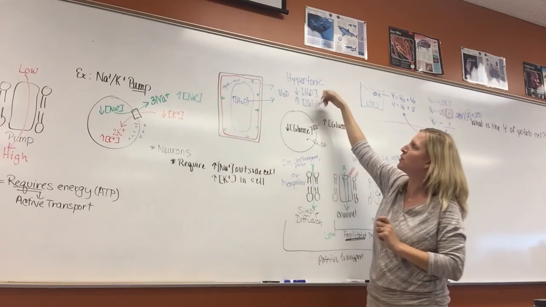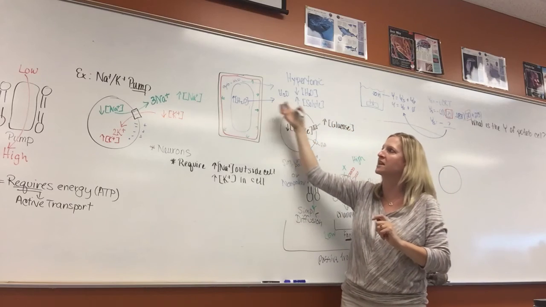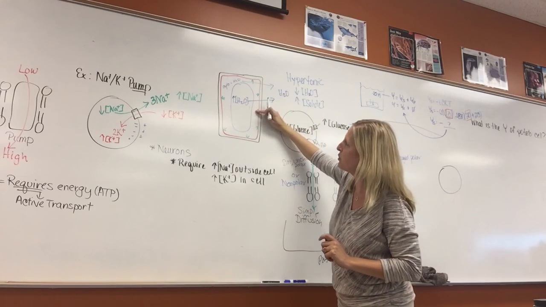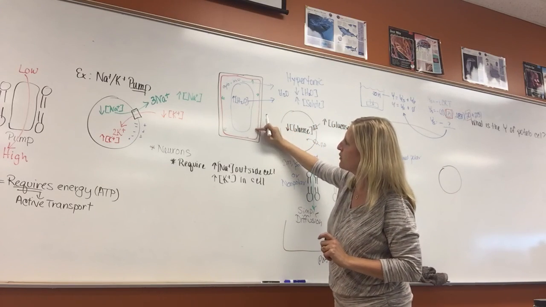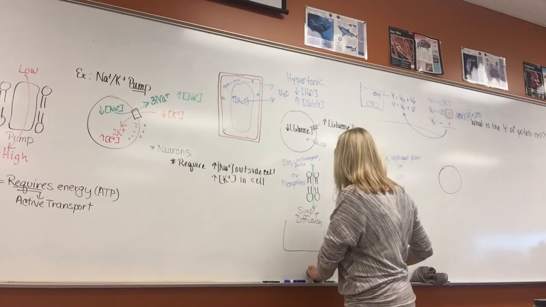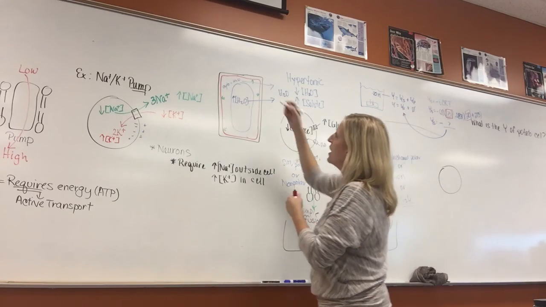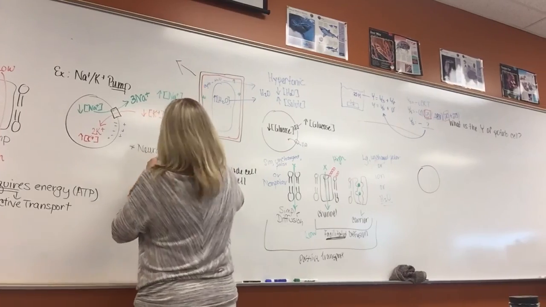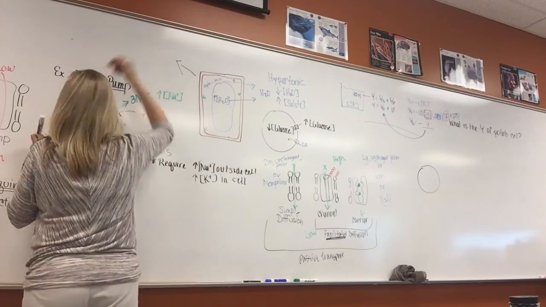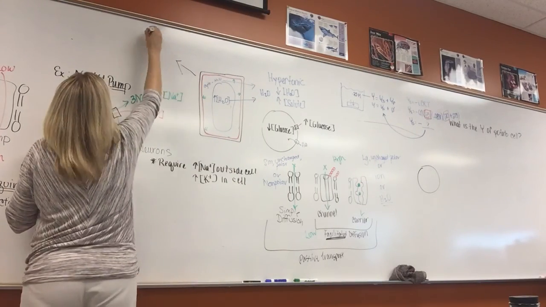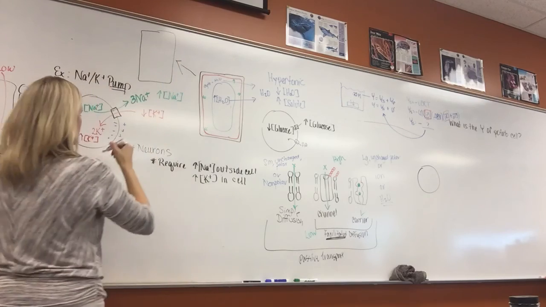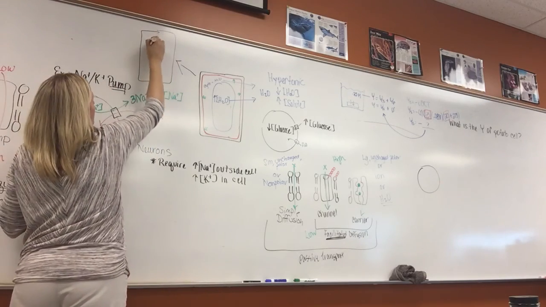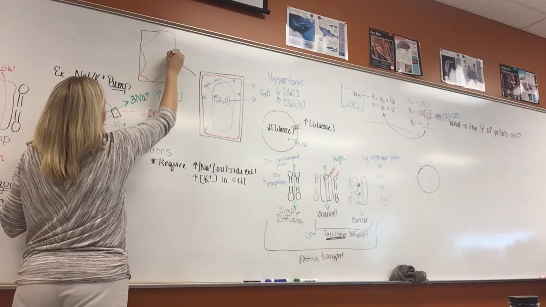But what happens when you put it in a hypertonic solution and water begins to leave? That pressure starts going away, and what it would look like if I were to redraw it over here is that my cell wall is still there, but the cell membrane indents away from the wall, like this.